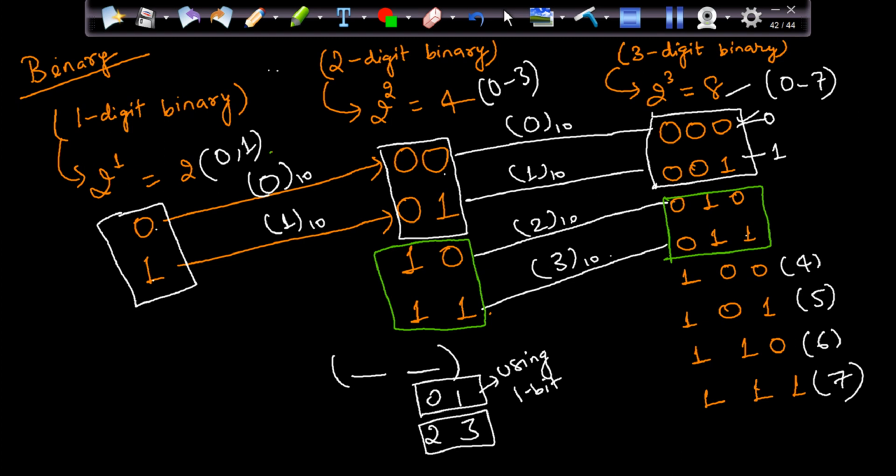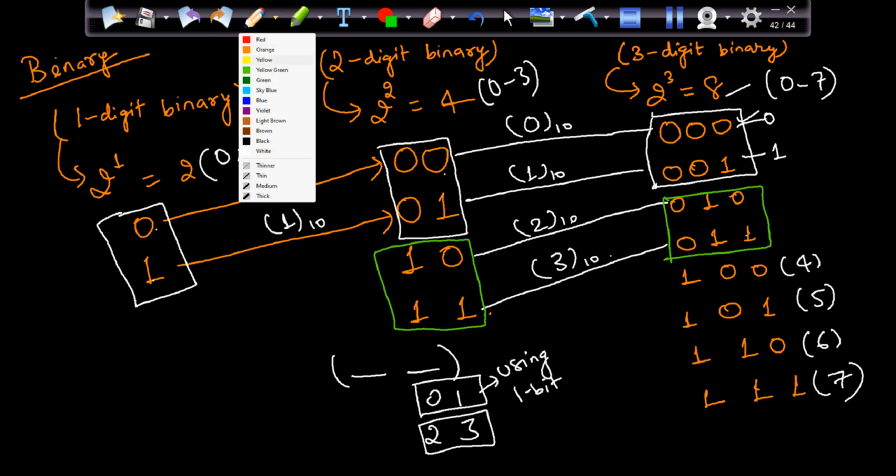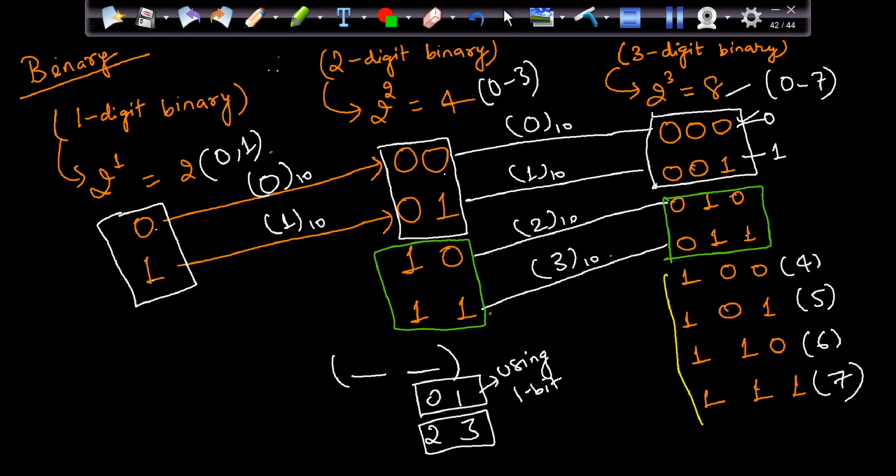And then all those numbers that can only be represented by 3 digits. So the range of 3 digits covers all of those numbers that are covered by 2 digits. The range of 2 digits covers all those numbers that are covered by 1 digit.